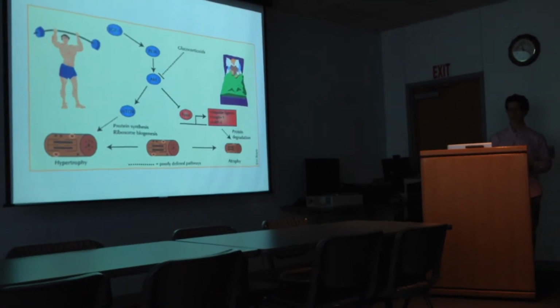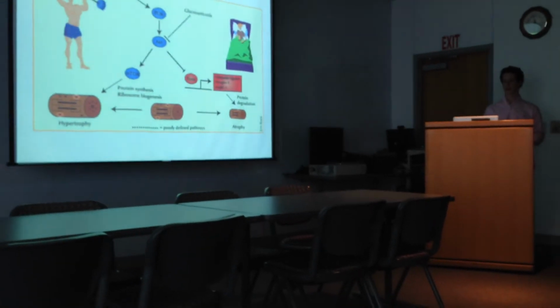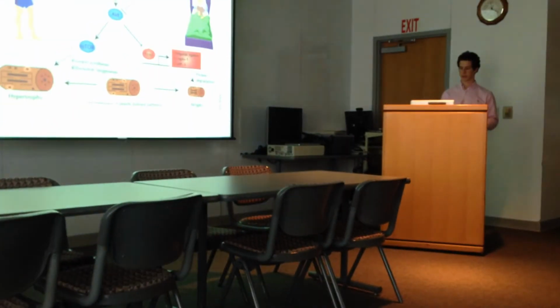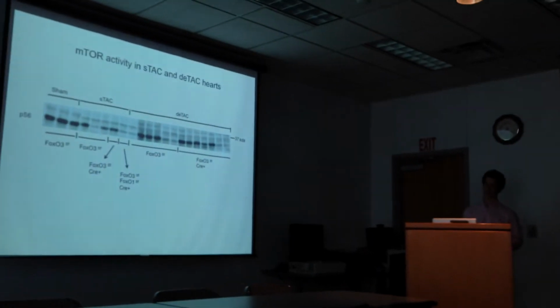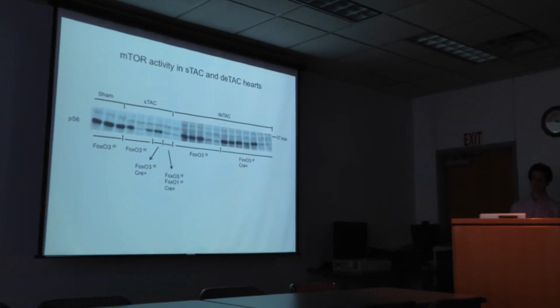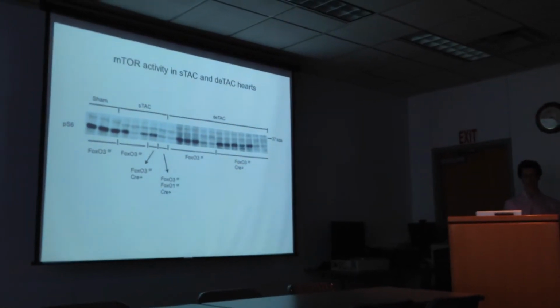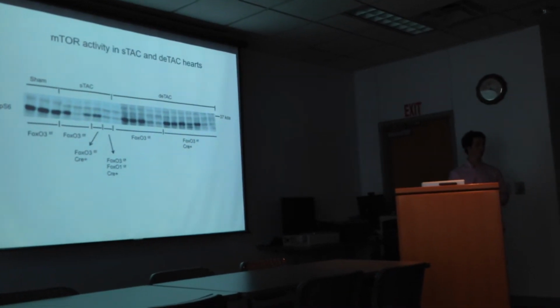We expected that phospho-S6 should be up in STAC during hypertrophy and down during atrophy. But in our hands, the S6 phosphorylation was all over the place, and we're not sure what it means. It needs to be looked at more carefully.